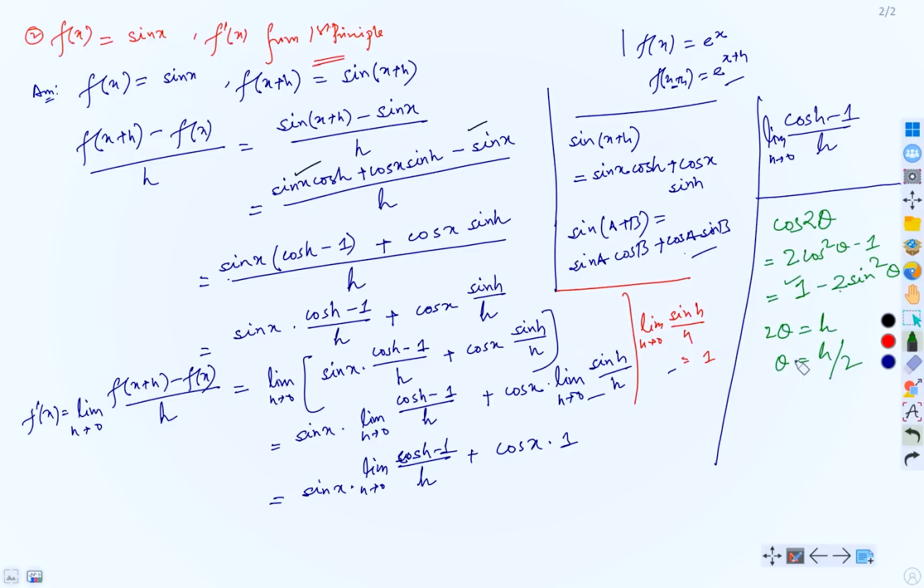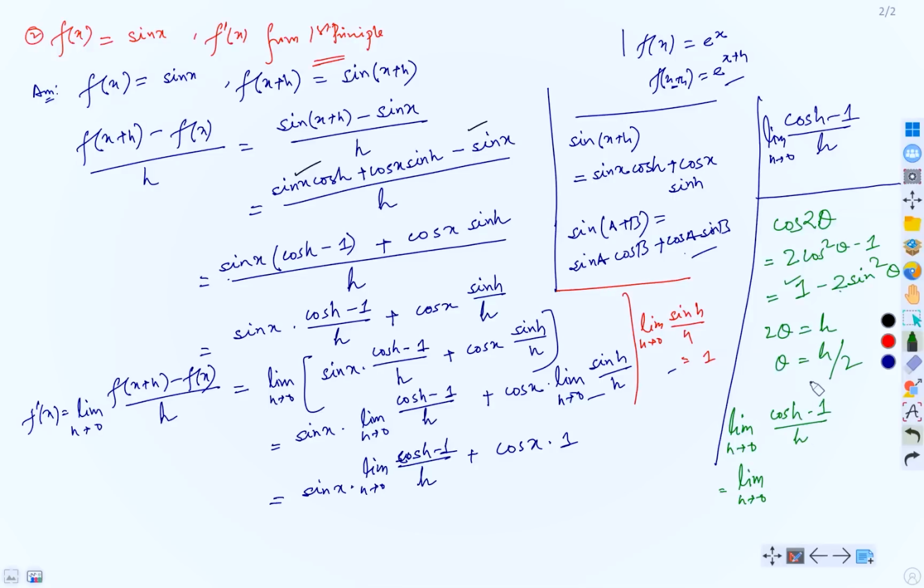So, substituting the value here, limit h tends to 0, we have cosine h minus 1 by h. This gives us limit h tends to 0.